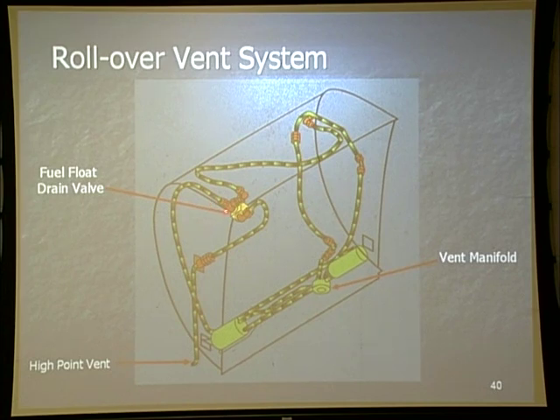And that's what keeps it from going out of the vent. Now, as it starts to roll back over, that fuel is going to go through the path of least resistance, which is right back out the way that it came in, so it's still not going to end up at the top. Any questions about that?